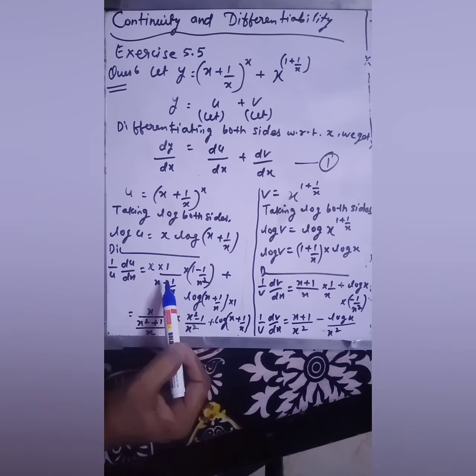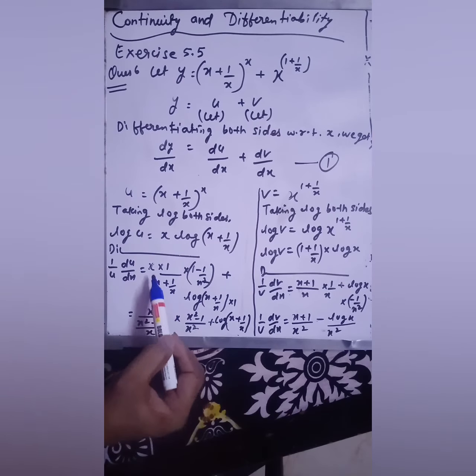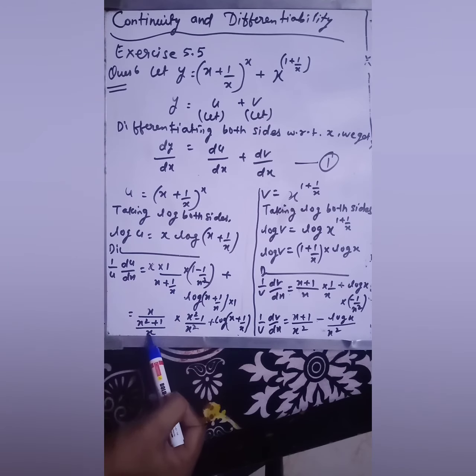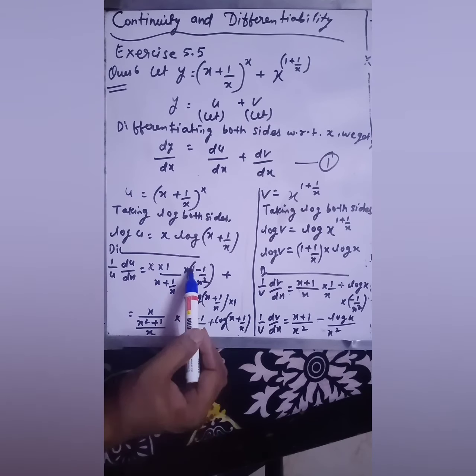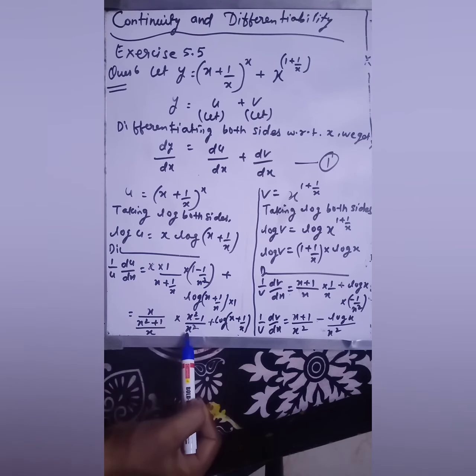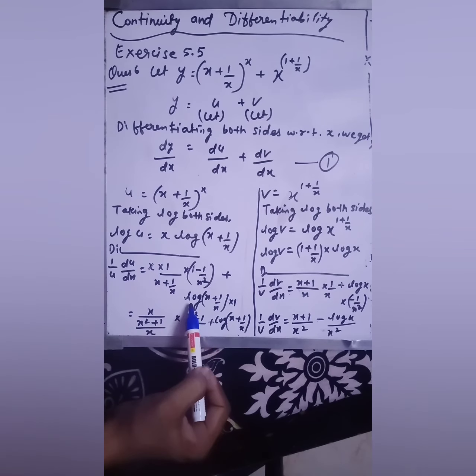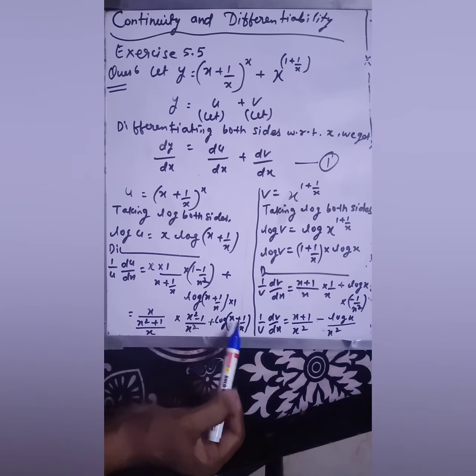Now you have to simplify it. Here you take the LCM, so it will be x by x square plus 1 over x, into x square minus 1 upon x square, plus log of x plus 1 by x.